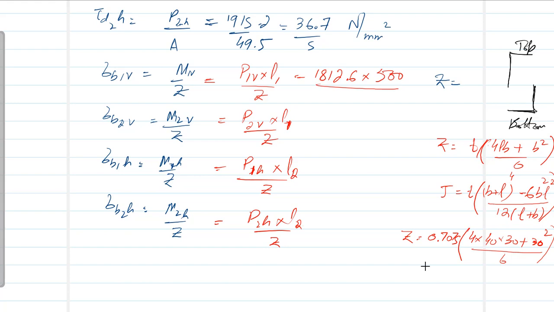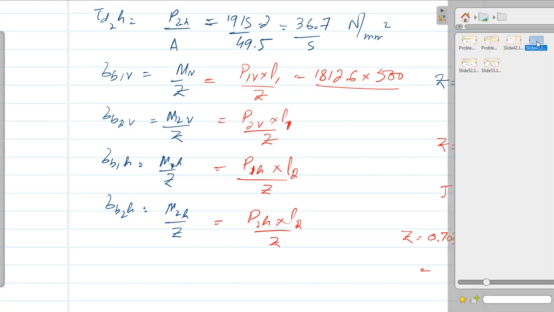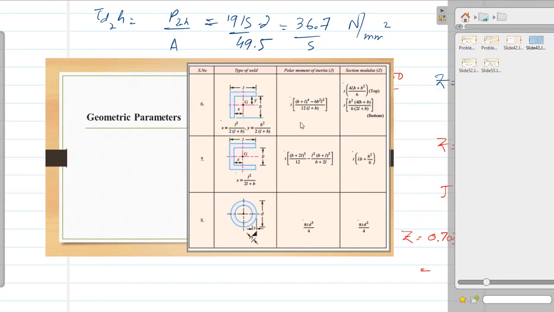So what will this answer be? 40 into 30 into 4 plus 30 square divided by 6. I'll just see the formula again, so there will be no fault in that. It is 4LB plus B square over 6.